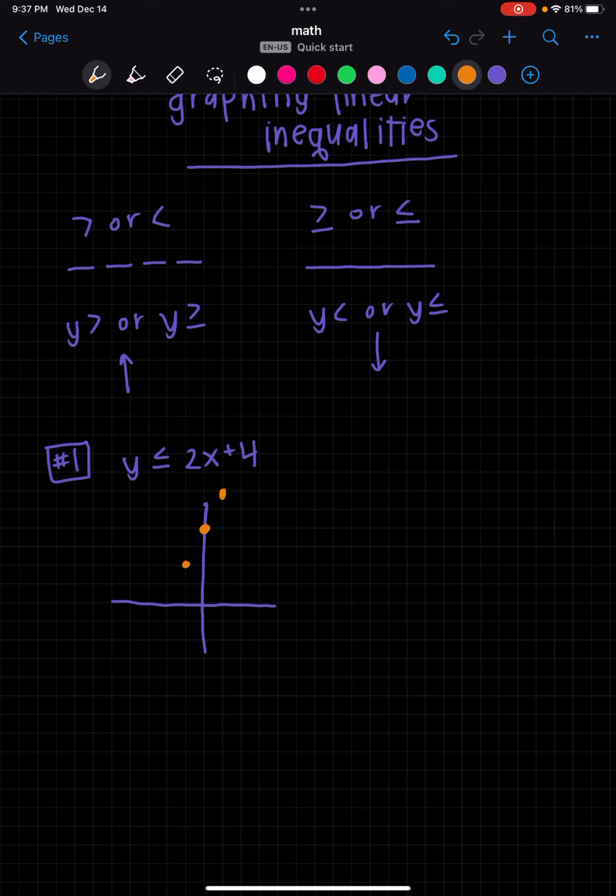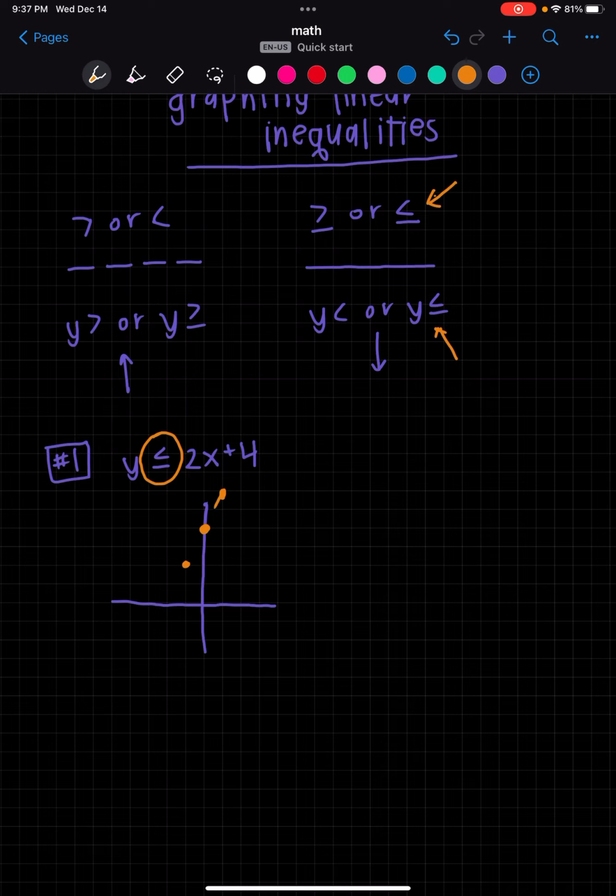So now that we know where the line's going to go, we're going to pay attention to this inequality sign, which is less than or equal to. We decided that if it's less than or equal to, from the top rule, it's a solid line.